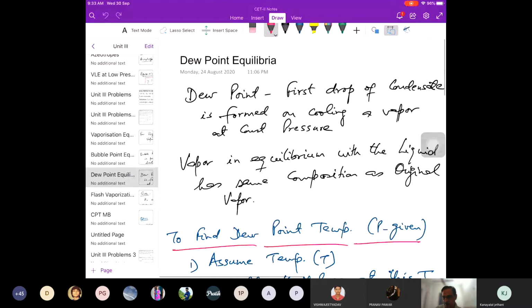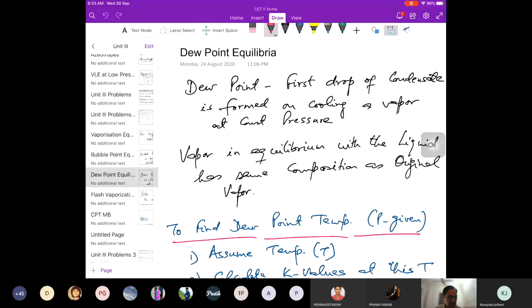If I decrease the temperature of the vapor, composition दिया है मेरे को, y1 y2 दिया हुआ है, and I decrease the temperature. If I decrease the temperature, then at some point the first drop of liquid will be formed. So that is the dew point. So we need to find out the temperature at which the first drop of liquid will be formed and the composition of the liquid xi.